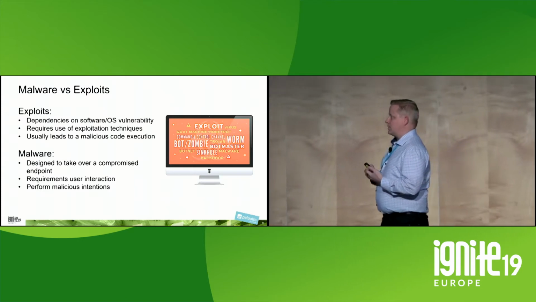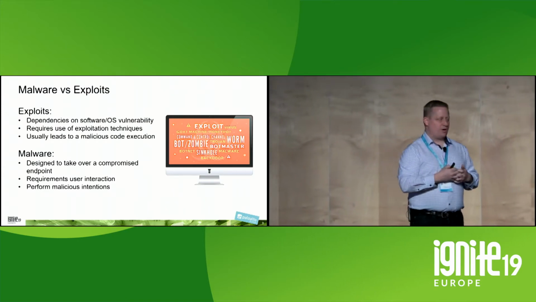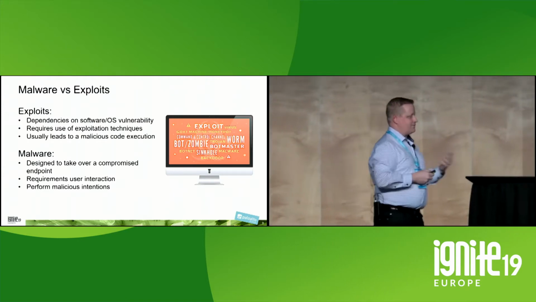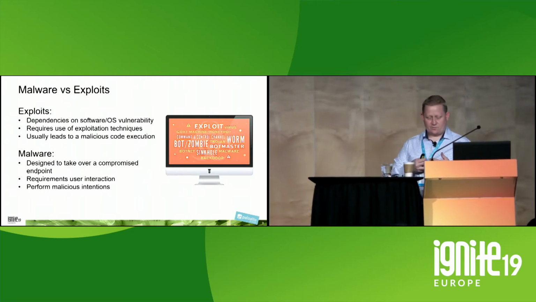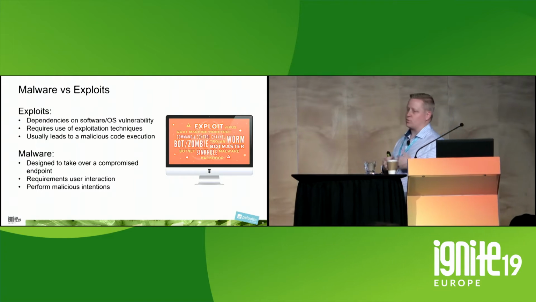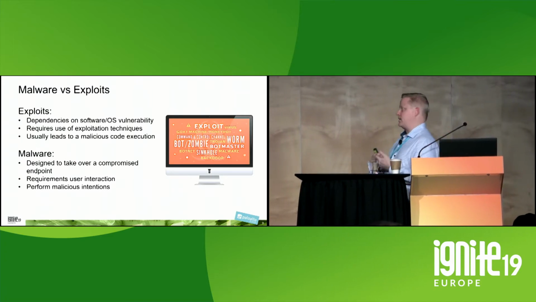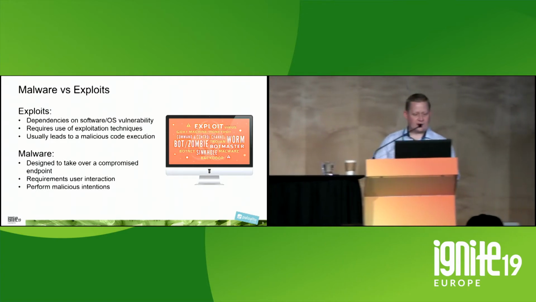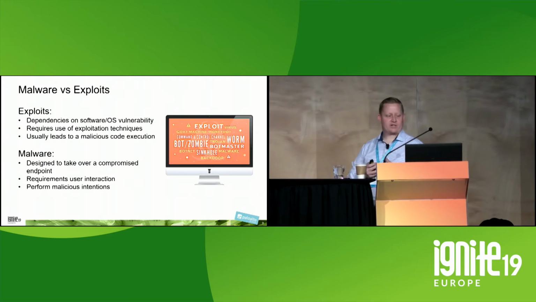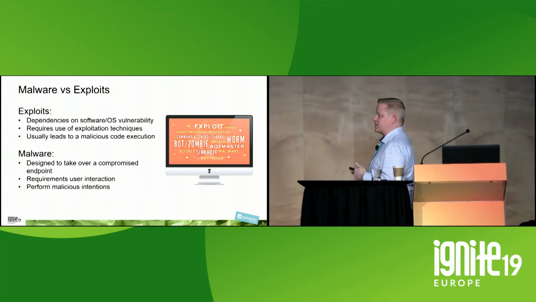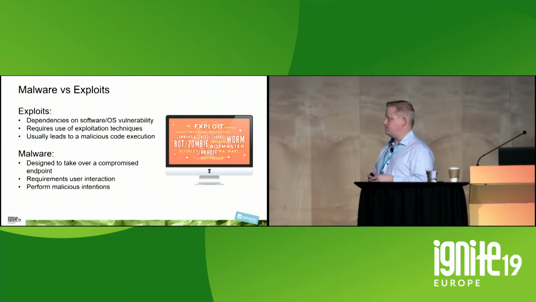So they're less opportunistic than malware, which can easily be transported as a file or a download. Malware is often viruses, worms, or other traditional malware that we're quite familiar with, and usually requires the user to interact with it or perform some operation to download it and execute it on the endpoint.